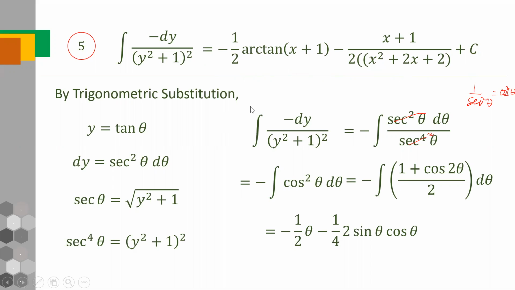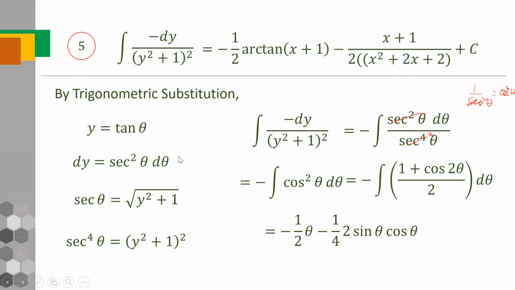So if you notice, how did we get this arctan here and this form? So we just use the substitution for theta here in our trigonometric substitution. So theta here is equal to arctan of (x plus 1), and your sine theta here times cosine theta. So we use the substitution for sine theta and cosine theta.